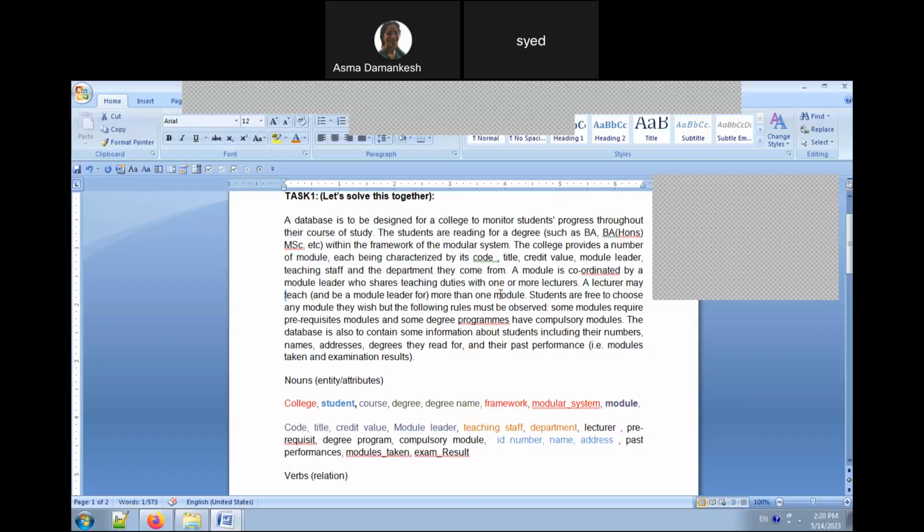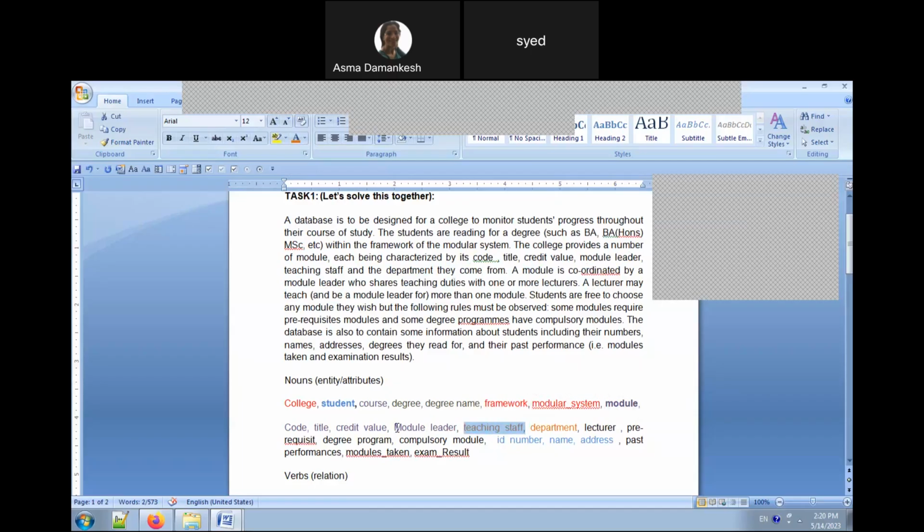So department is part of the explanation of a teaching staff. So now since teaching staff has further explanation, it cannot be an attribute. An attribute cannot be further explained with another attribute, okay? If another attribute is used to explain an attribute, the second one has to become an entity, like what we did with the teaching staff, okay?